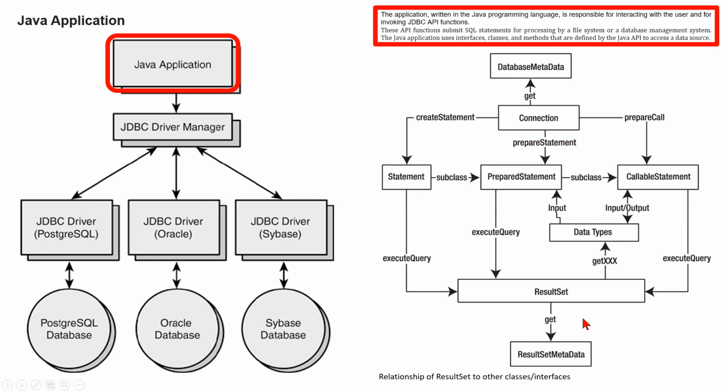Here you can see the relationship of ResultSet to other classes or interfaces. To show the importance of the ResultSet object, this figure shows the interfaces and relationships between the key classes and interfaces in the java.sql package.